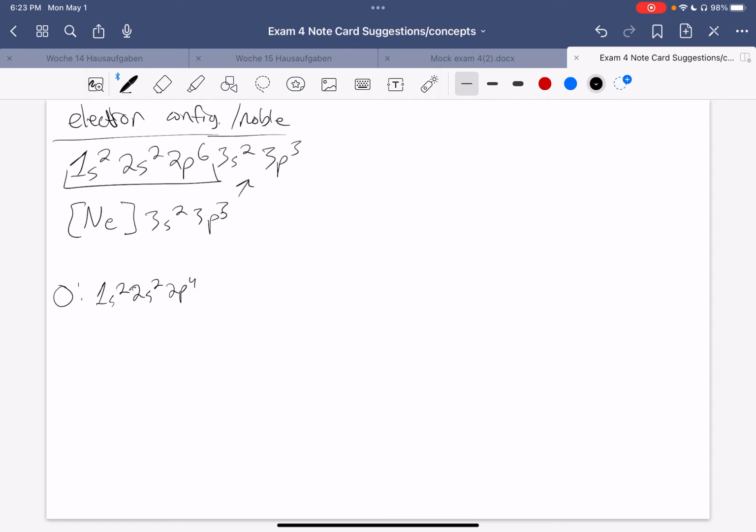All right, and then if we want to look at how you go about filling up these orbitals, we have this 1s, and then we have this 2s, and then we have the 2p orbitals from the n equals 2 energy level. All right, and this is another rule to have on your exam.